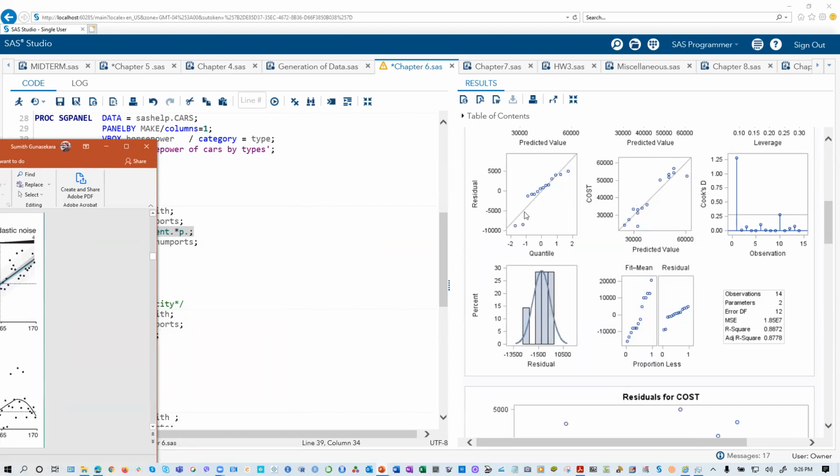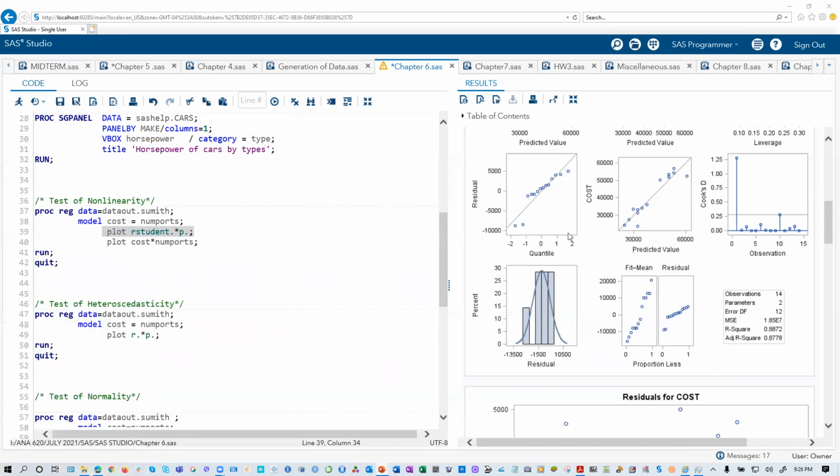It looks like a negative skew. If you go this way, positive skew. If they were equally distributed. But at this stage, we are not looking for that on a large scale. Let's just get a rough idea of how they look.